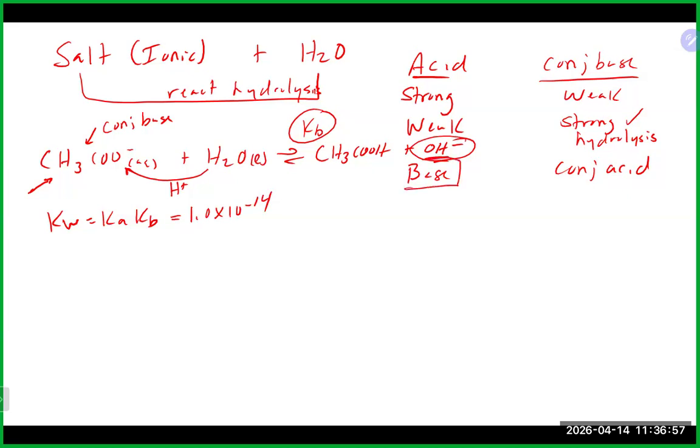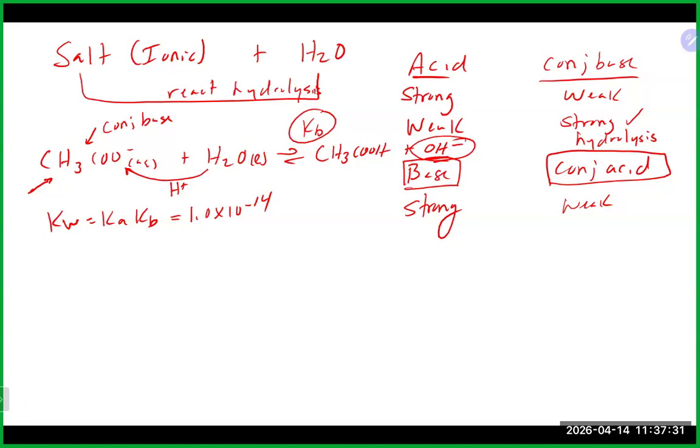Same sort of relationship when we look at a base and its conjugate acid. If it is a strong base, its conjugate acid will be relatively weak, and once again, in terms of salts, that means we would expect the solution to be neutral. That is essentially why they say group 1 and group 2 on the periodic table are neutral salts. Group 1 and group 2 is where a lot of our strong bases come from, things like sodium hydroxide, potassium hydroxide, calcium hydroxide, and so forth.